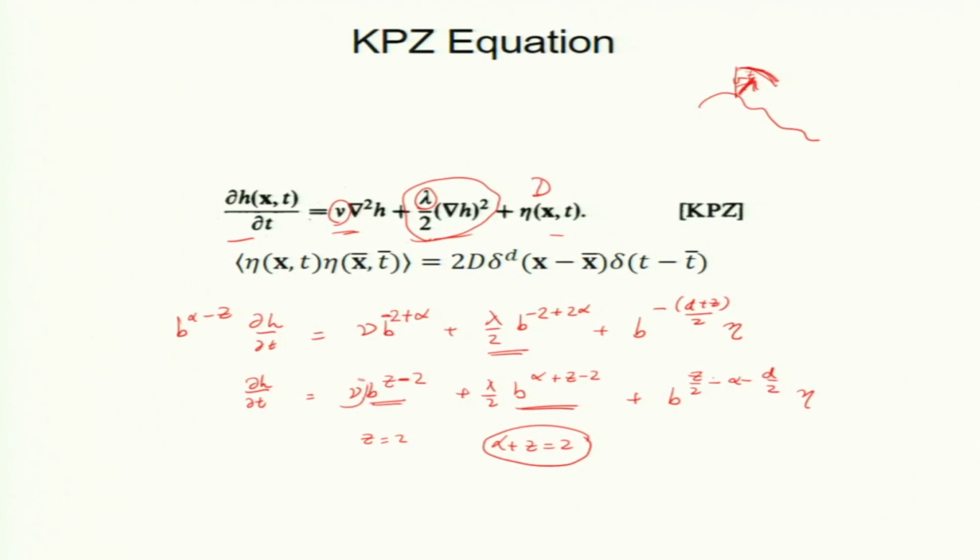This nu is some function of b, and that will give us the correct result, which I am going to derive in fact. Now, it turns out that D, which is the correlation of eta, is also a function of b. D also gets renormalized, but interestingly lambda is not renormalized.